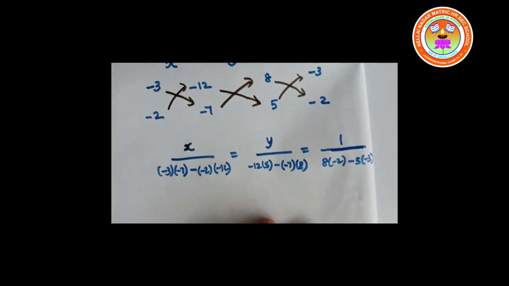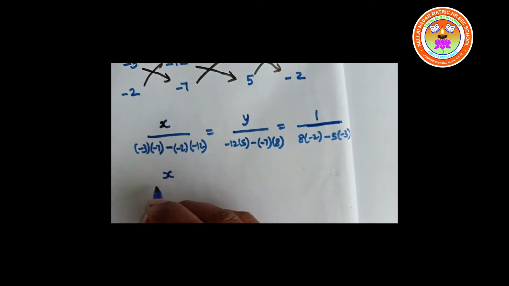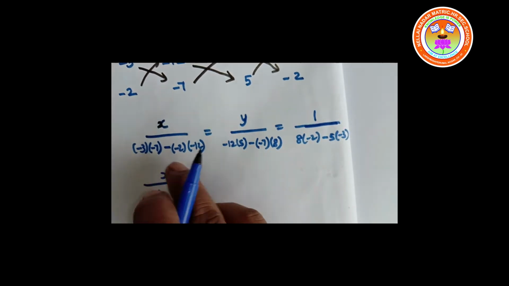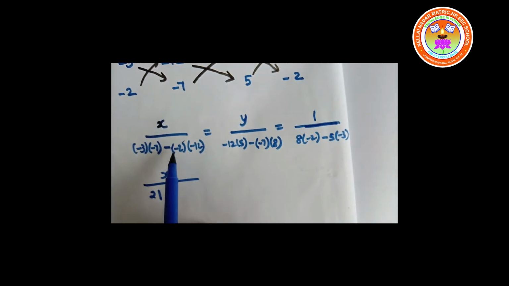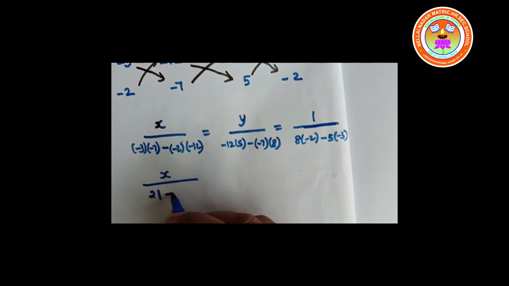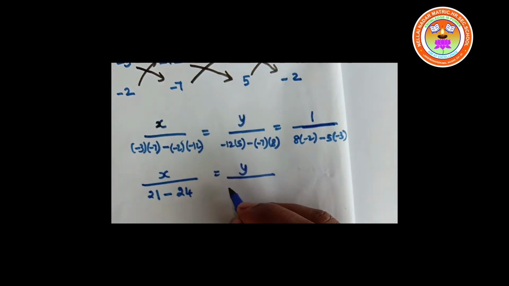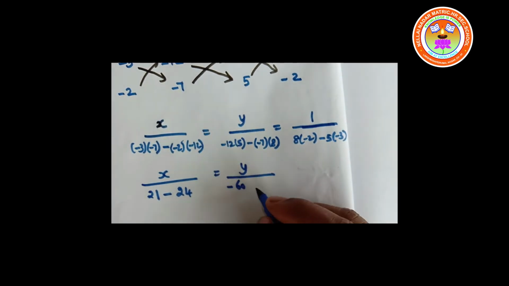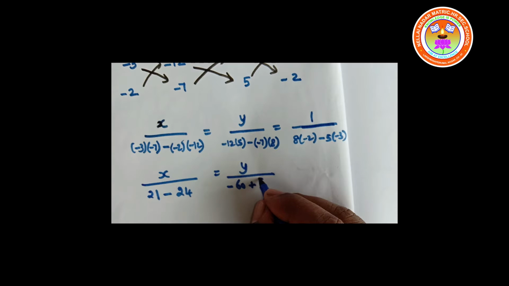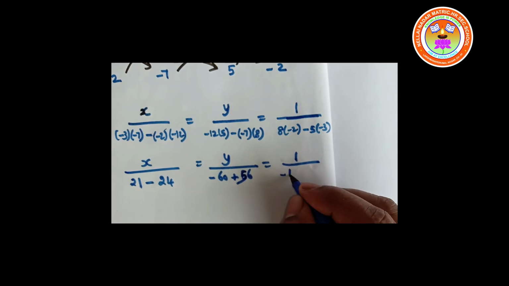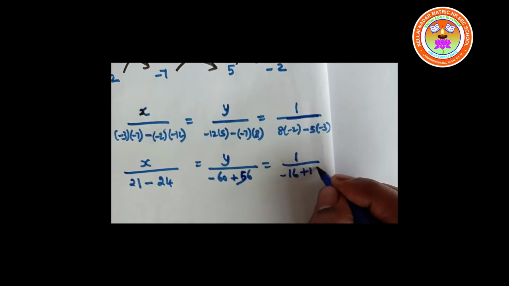Now we are going to calculate, children. x by minus into minus plus, 7 threes are 21, minus 2 into minus 12, 12 twos are 24, equal to y divided by minus 12 fives are 60, minus 7 eights are 56, that is 56, equal to 1 divided by 8 twos are 16, 5 threes are 15.